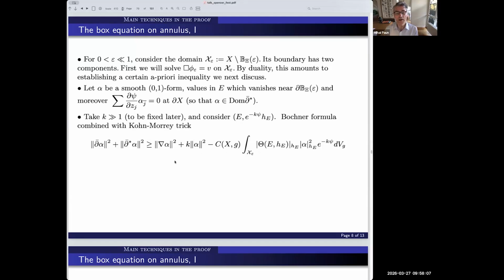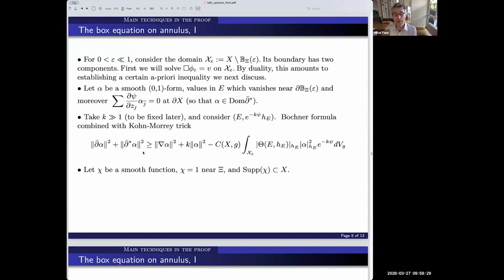Wonderful. So here, what is our objective? We will be happy if we are able to show that this right-hand side dominates some small multiple of the norm of alpha, because then the situation is standard. But then here, what we have is this term, which is really bothering. So how can we get rid of it?